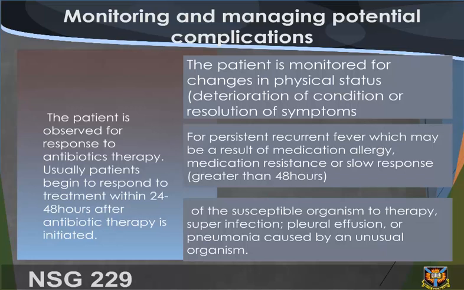Watch for persistent or recurrent fever, which may be a result of medication allergy, medication resistance, slow response greater than 48 hours of the susceptible organism to therapy, superinfection, pleural effusion, or pneumonia caused by an unusual organism.